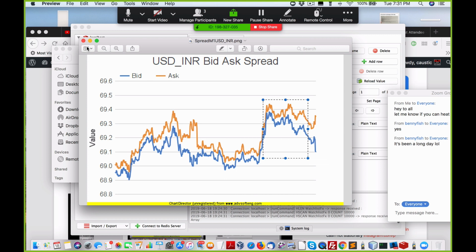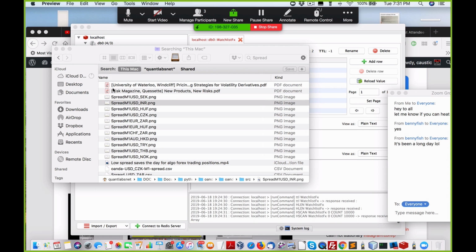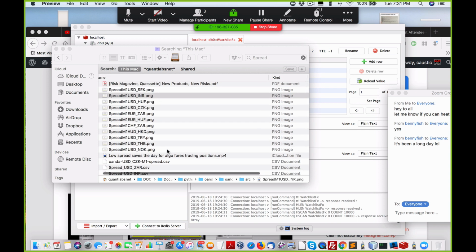So you're stuck with only a small subset of pairs to trade. But if you look at euro, US dollar as an example, you'll see how tight the spread is. It's very, very tight.